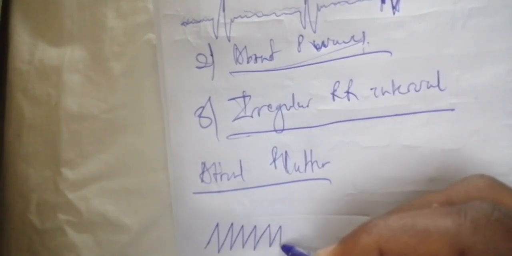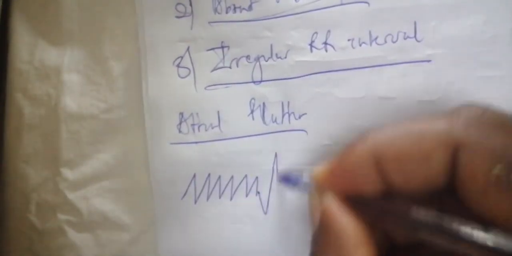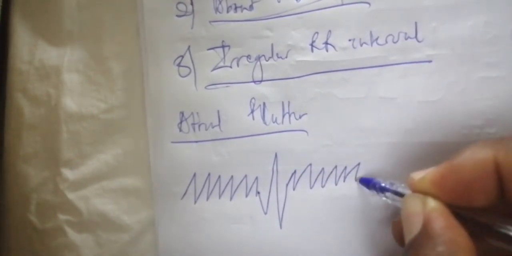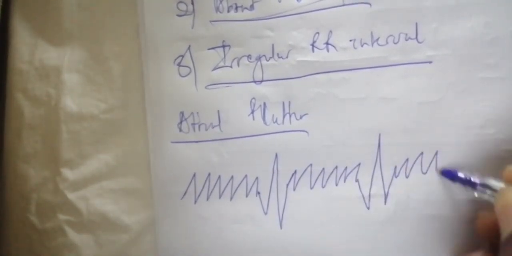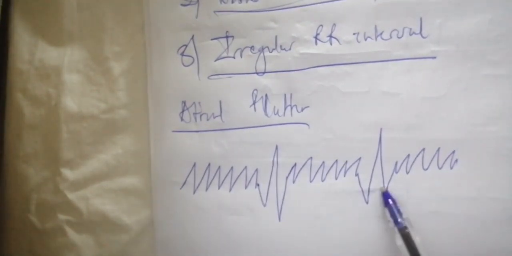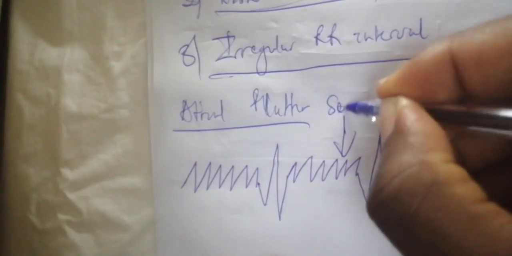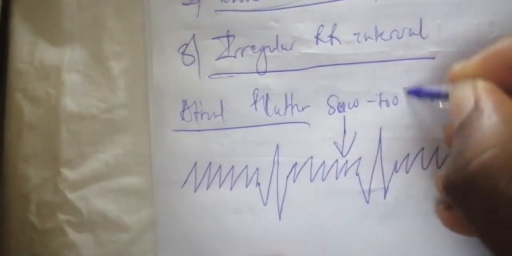So you have flutter waves like that, then your QRS complex, then your flutter waves, then your QRS complex, then your flutter waves. Those flutter waves are sawtooth waves.